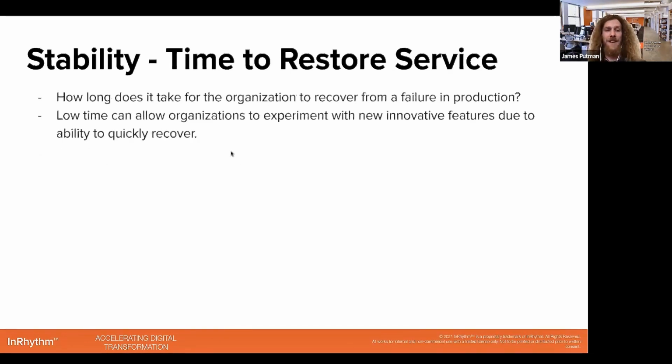The next part under the stability section is time to restore service. So how long does it take for an organization to recover from a failure in production? Say that an issue crept into production and it just took all services down. How long is it going to take you to get back up and running?